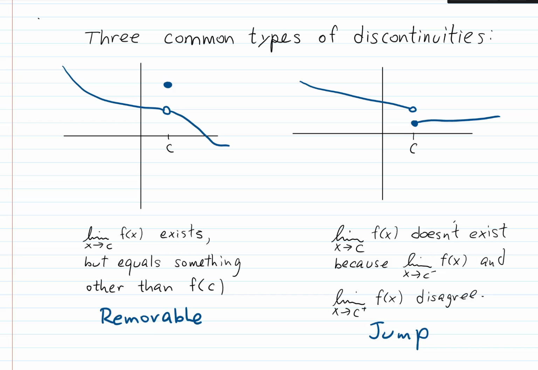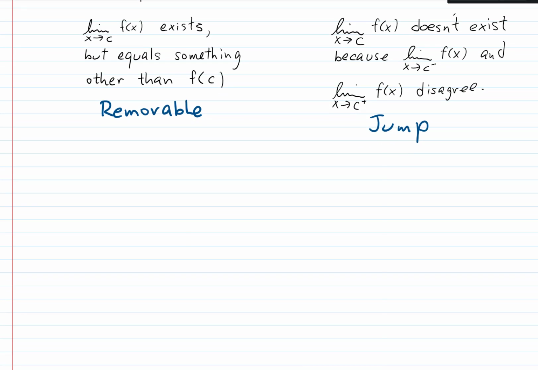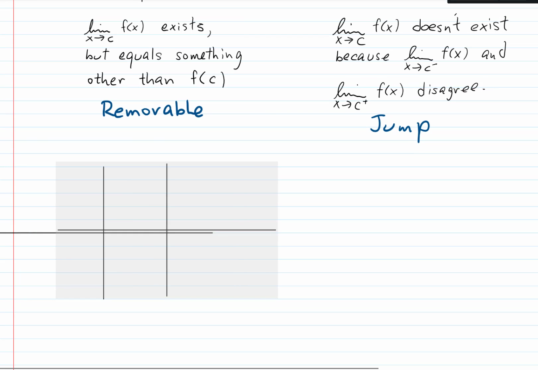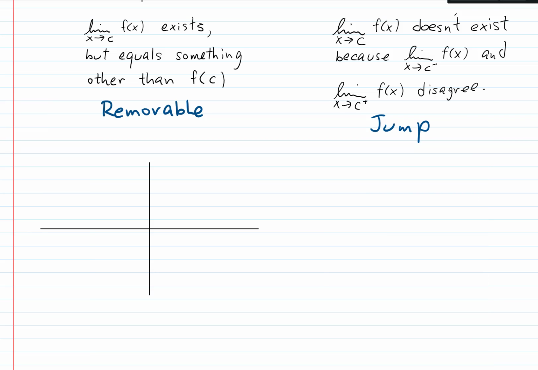And the third common type of discontinuity we're going to call infinite discontinuity, which is where one or both of the left or right hand limit is infinite.